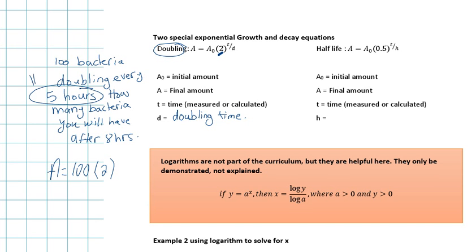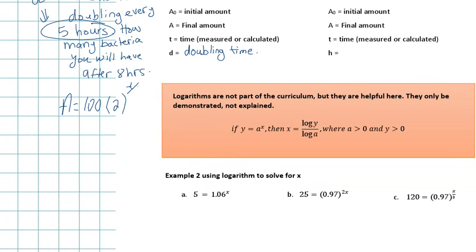Now, the question is asking you how many bacteria you will have after 8 hours. So what do I do now? Replace T with what? With 8. Sorry, I should have written 5 here. And now I can enter it into my calculator, right?